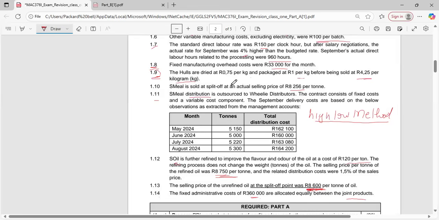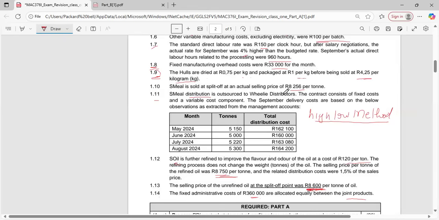So now we're dealing with kgs. So which means now when you deal with this, you need to convert everything to kg. Because now the 4.25 is per kilogram, the 0.75 is per kilogram, the 1 Rand is per kilogram. So everything now needs to be converted to kilograms so that you can be able to find the cost.